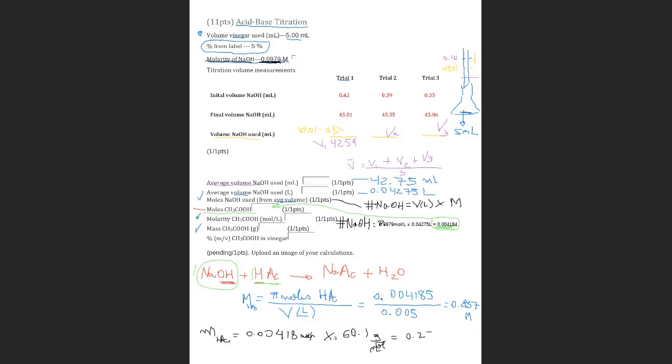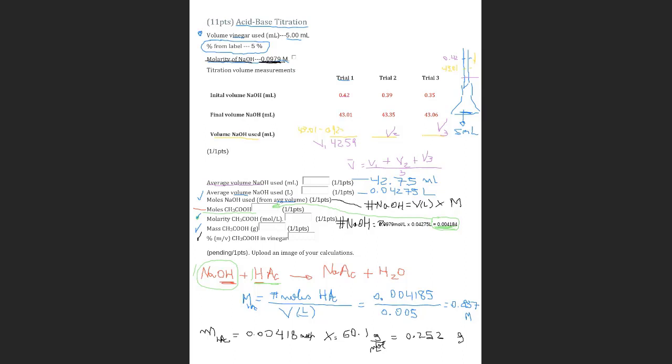0.252 grams. You will have different data in your report. And the last question is the percentage mass volume. They are giving you the formula, and that is very simple.